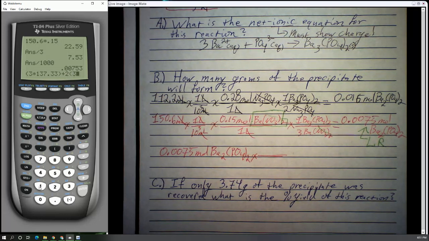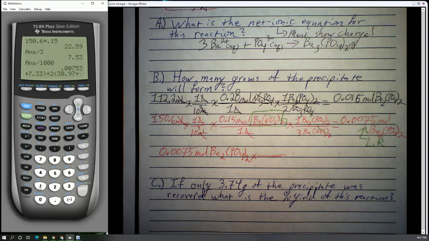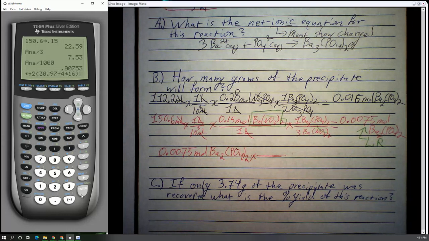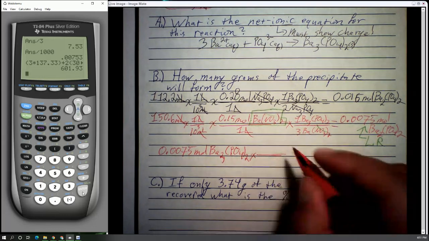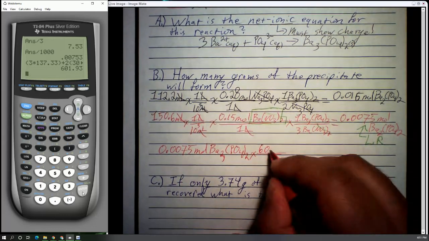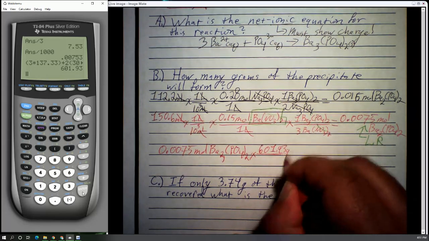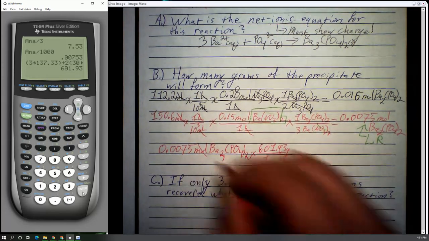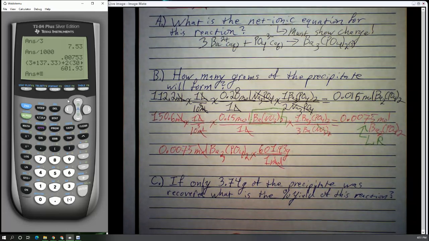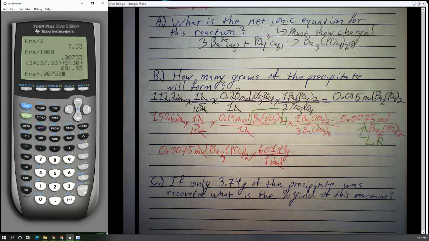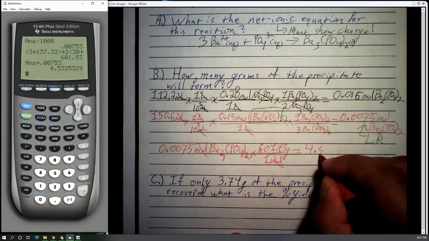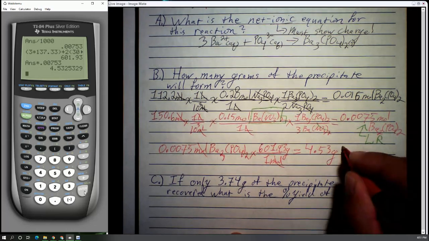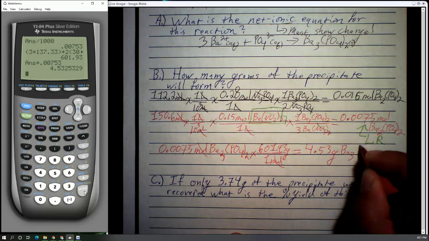So 1 phosphorus is 30.97 plus 4 times 16. Close our parentheses. And we get a molar mass of 601.93 grams. Multiply that by our prior answer to get our grams, and we end up with 4.53 grams of barium phosphate should be made.